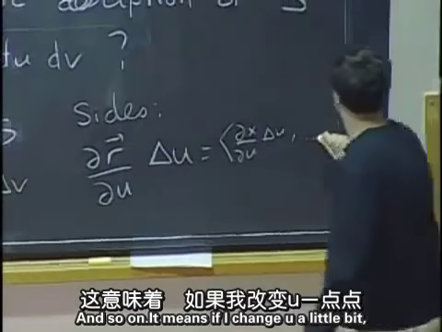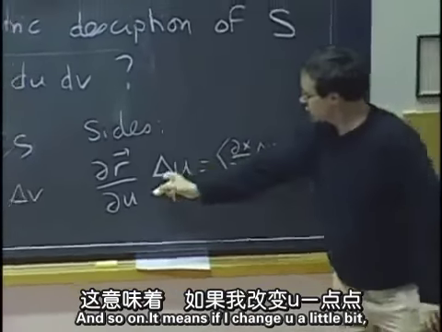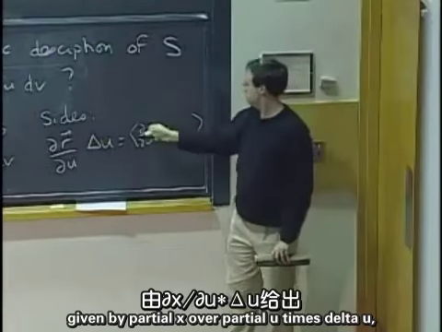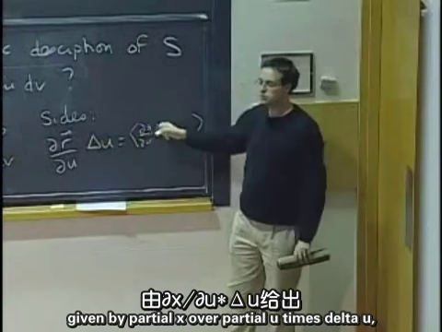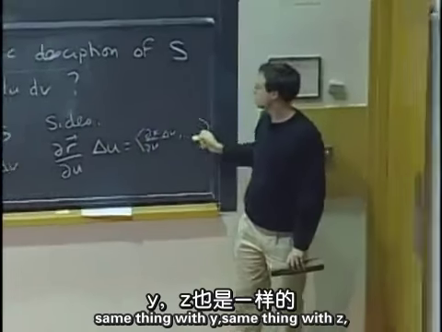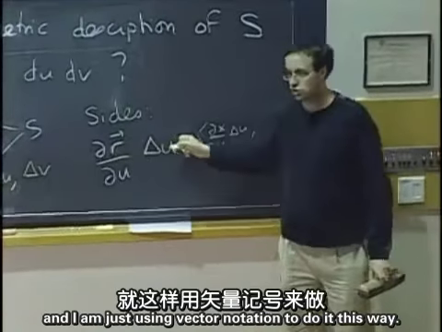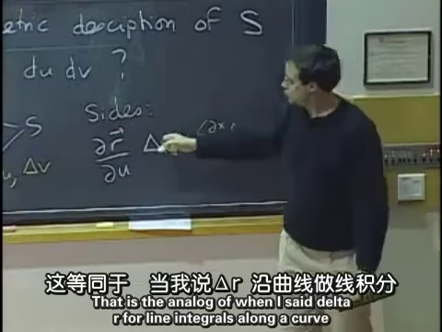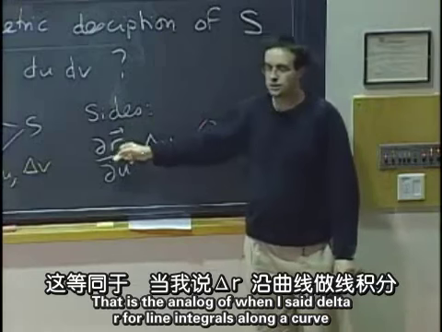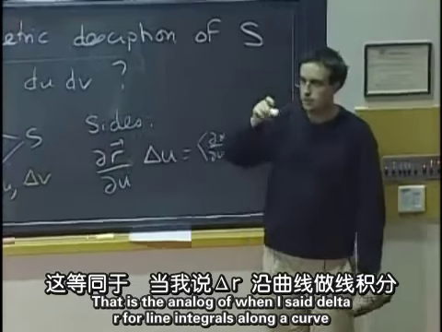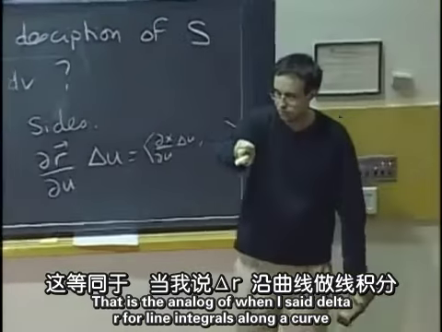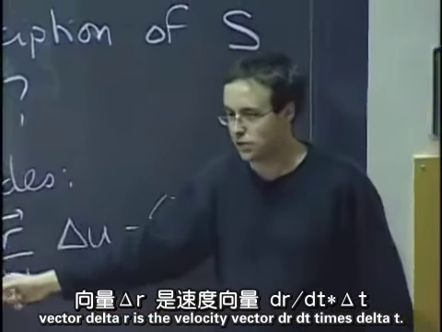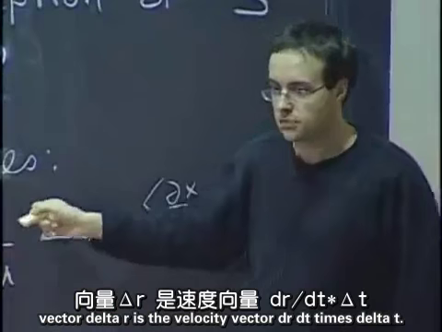It means just, if I change u a little bit, keep v constant, then how x changes is given by partial x over partial u times delta u. Same thing with y, same thing with z, and I'm just using vector notation to do it this way. If you want, that's the analog of when I said delta r for line integrals along a curve. Vector delta r is the velocity vector dr/dt times delta t.